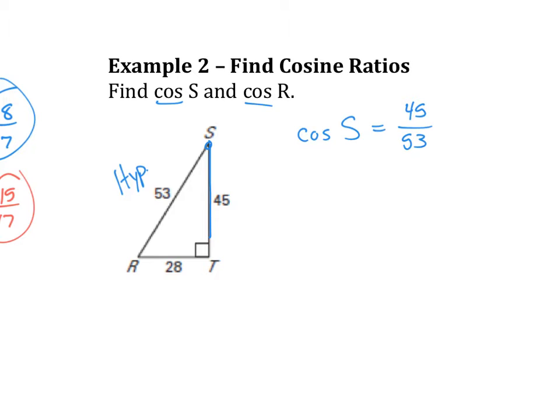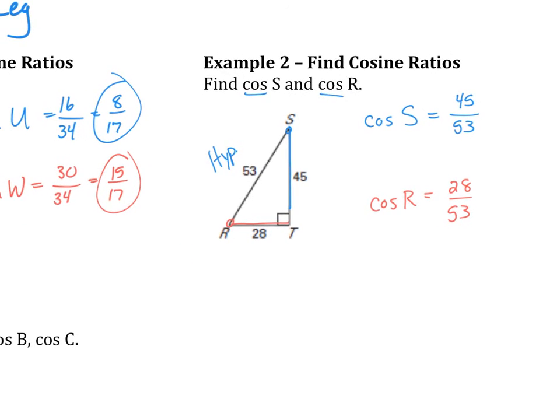So the cosine of S is 45 over 53. And the cosine of R, the adjacent leg to R is 28, so cosine of R will be 28 over 53. So that's how the cosine ratio works. Cosine is adjacent over hypotenuse, sine is opposite over hypotenuse.